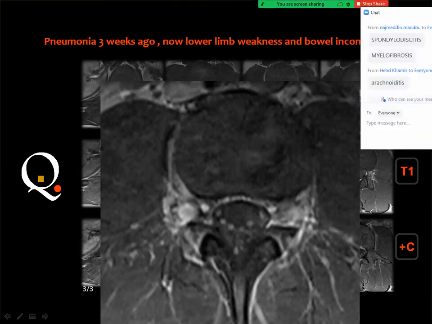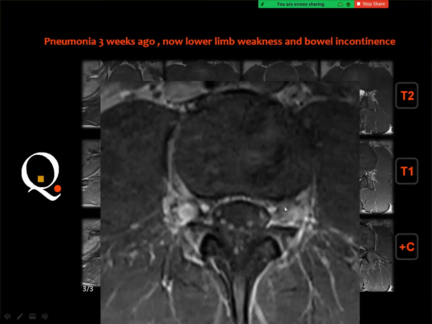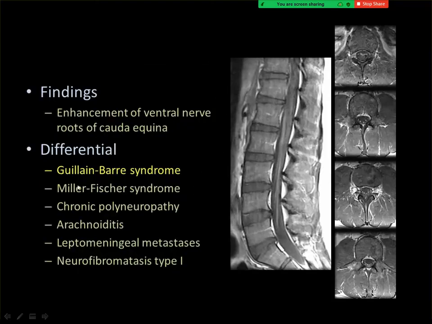Okay, and in arachnoiditis, you know that the nerve roots, beside enhancement, will adhere to each other or to the inner wall of the thecal sac, forming the pseudocord sign or the empty thecal sac sign. But this patient had just swelling of the cauda equina nerve roots and significant enhancement, and this is diagnostic of Guillain-Barré syndrome.